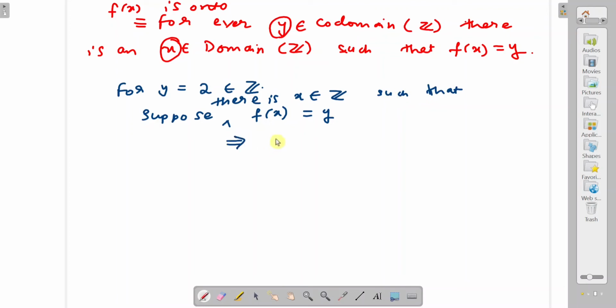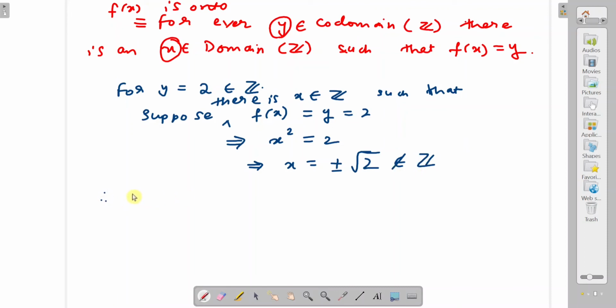So y is 2, so f(x) is equal to y equal to 2. f(x) is nothing but x square, and that is equal to 2. So this will imply x is equal to plus or minus root 2, taking square roots on both sides, which doesn't belong to the domain.